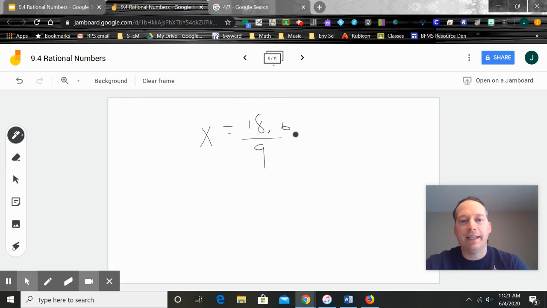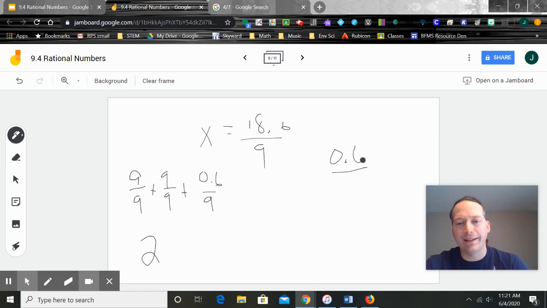So what we need to do is, how many 9s can I get out of 18.6? So 18.6 ninths, I need to get wholes out of there. So that's 9 ninths plus 9 ninths plus 0.6 ninths, right? So if I add these up, I'm going to get 18.6 ninths. So that gives me 2, and now I have 0.6 over 9. That's a little strange, but that's okay.